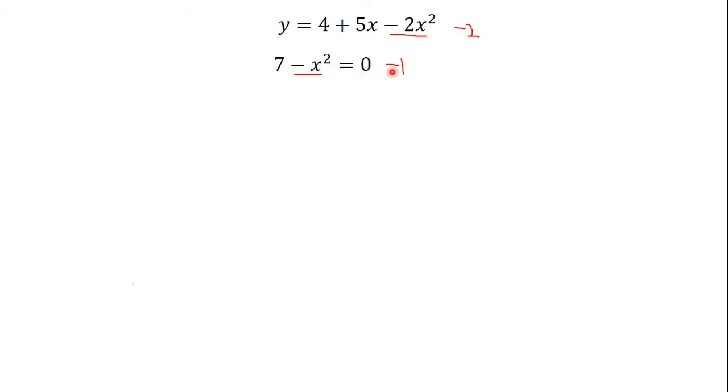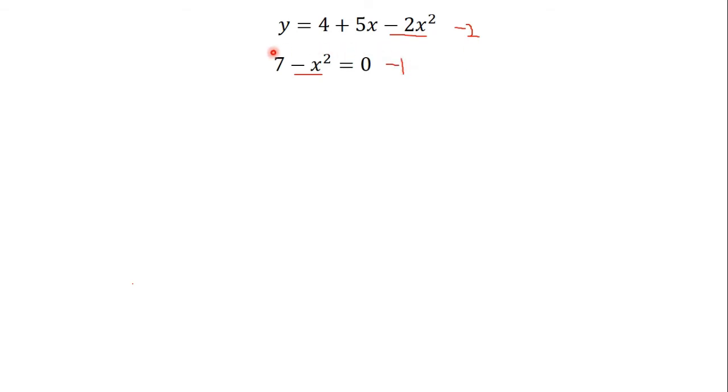The coefficient of the quadratic term in the equation is minus 1. So we are going to multiply minus 1 by a number such that you will get minus 2. What number should we multiply by minus 1 in order to get minus 2? That number is 2, because minus 1 times 2 will give us minus 2.